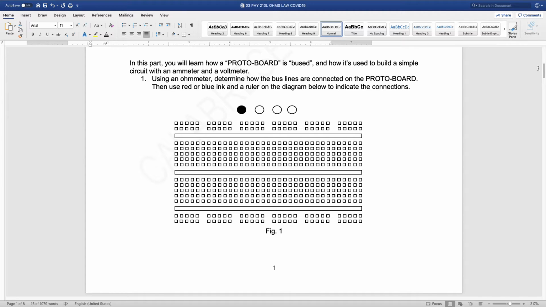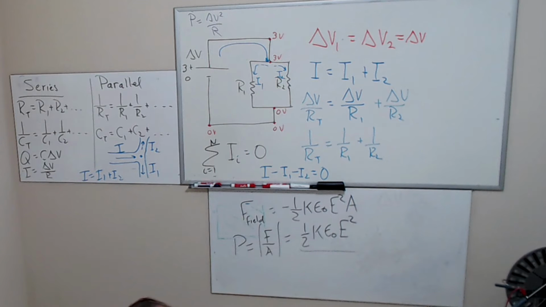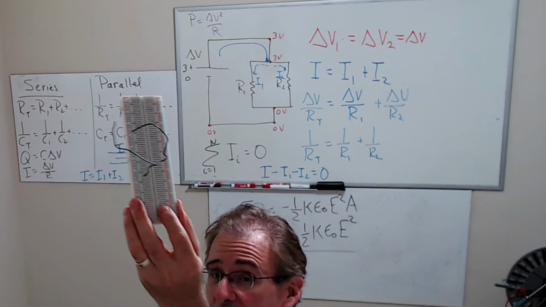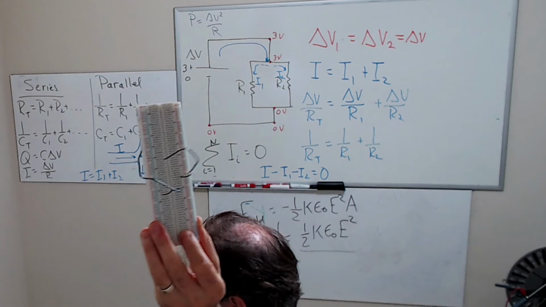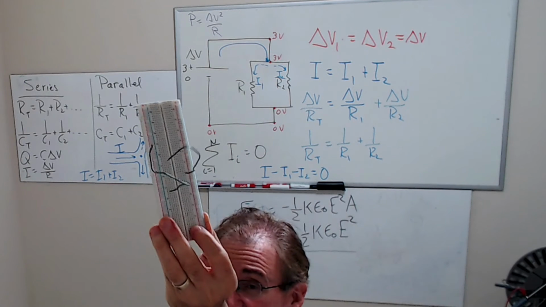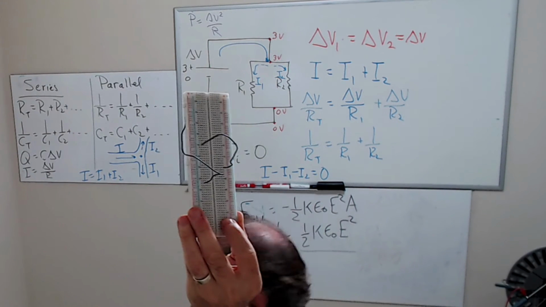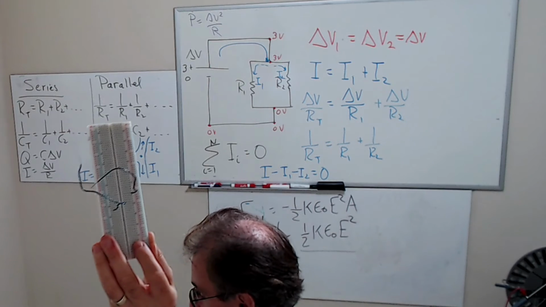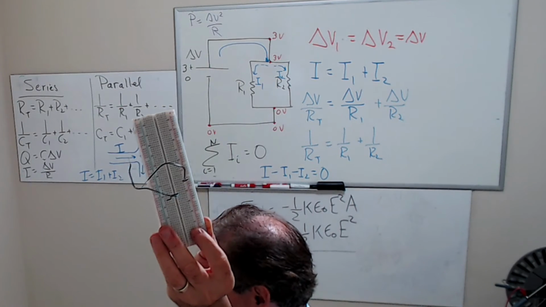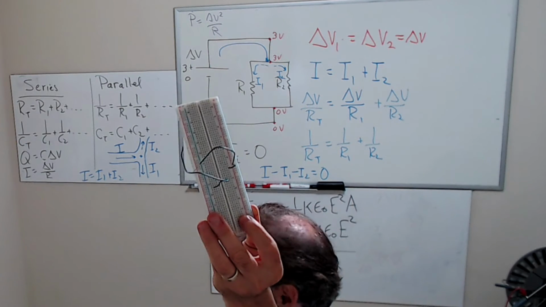The inside part of the protoboard, which you can't see, hold on, let me change view. Inside this protoboard are conductors, such that they connect electrically the holes together in a particular pattern. What you need to do is to figure out how the holes are electrically connected together.